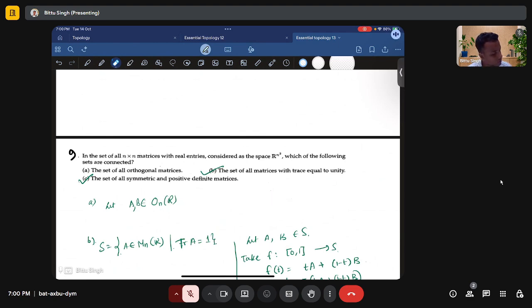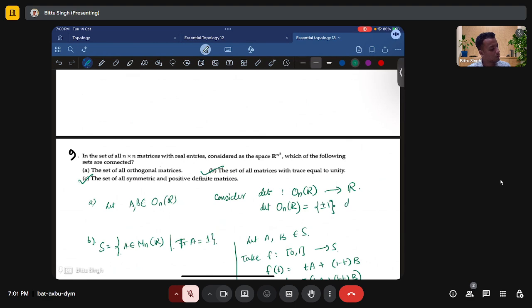So we consider the determinant function from O(n, R) to R. The image of the determinant of O(n, R) is actually plus minus 1, which is disconnected.